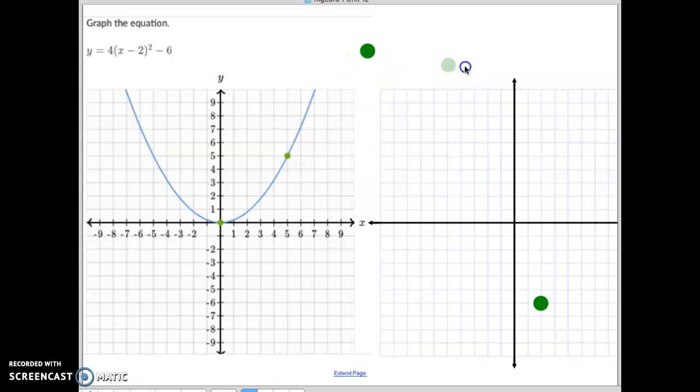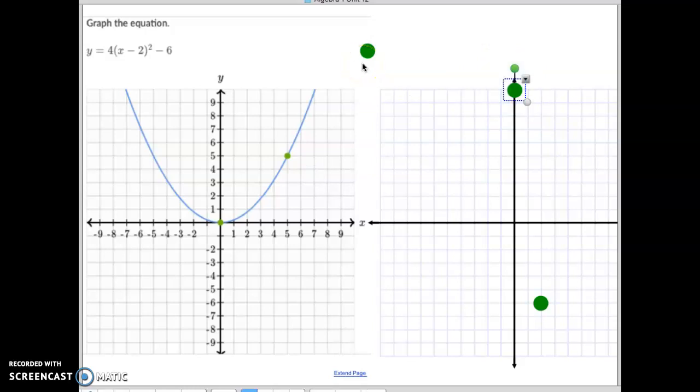So we could plot this right here at 10, up 1, 2, 3, 4, 5, 6, 7, 8, 9, 10, and it would go right there. The problem is that point is right up here, and Khan doesn't let you graph past 9, so we can't graph this point on there. So even though that one would work, we can't graph it.